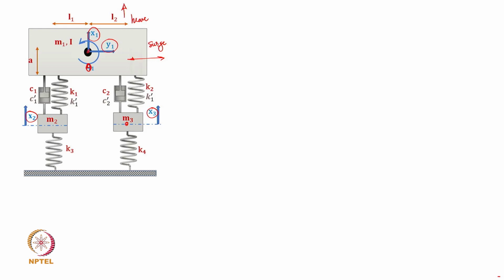Now, what we are also going to make use of are the damping property of the dashpot or the suspension, defined by a damping coefficient C1 in the vertical direction, and the suspension stiffness K1 in the vertical direction. Similarly, K2 and C2 are the stiffness and damping coefficients of the front suspension.